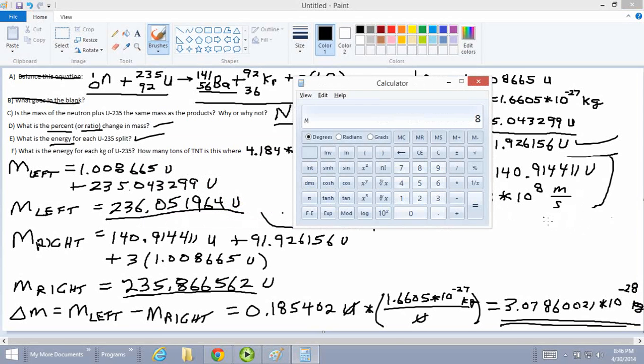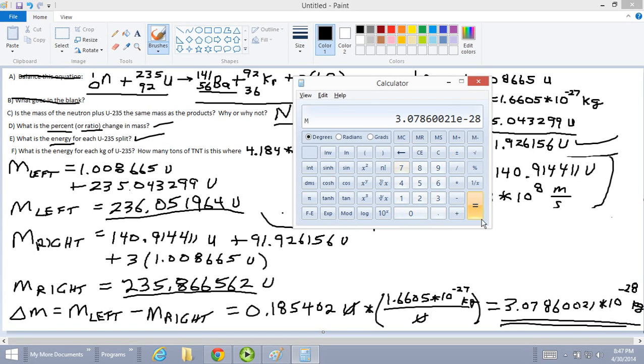Multiply it. Oops, I didn't. Control Z. Oh, I did. Okay. Clear, clear, clear. 3.0786. I will keep this many digits. This is 5 sig figs. Okay, I've got this stored times 1.6605 exponential negative 27.